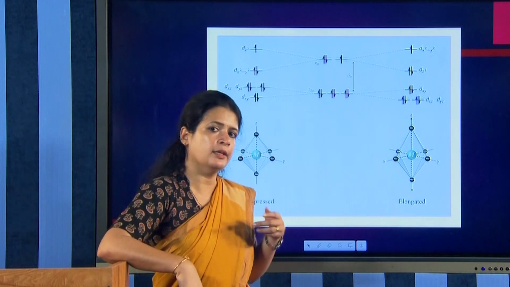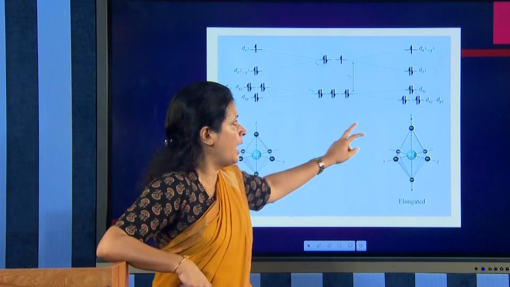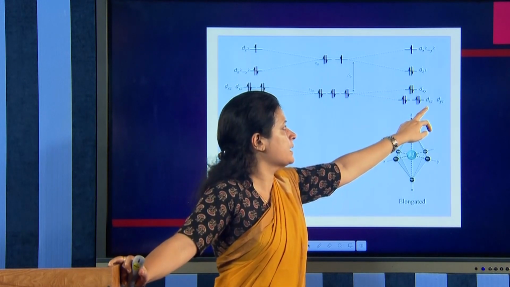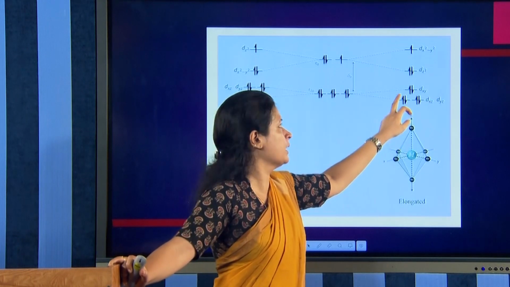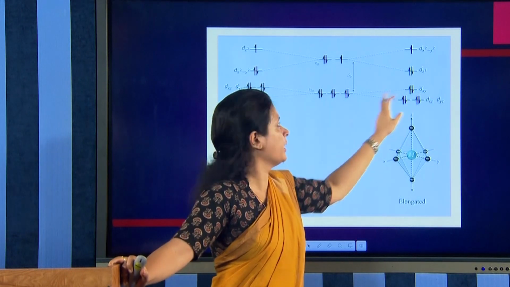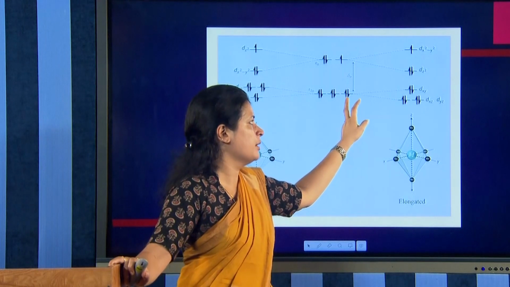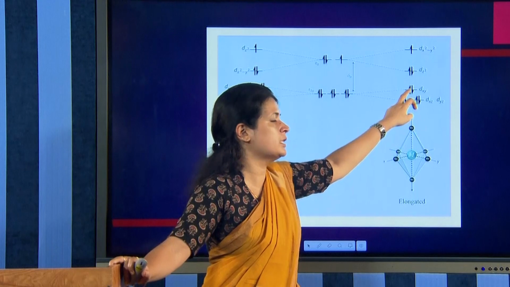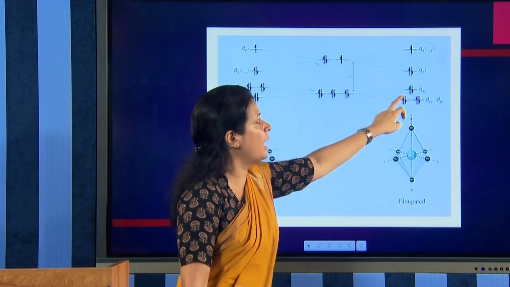That is dxz, dyz and dz square. So, we have the Jahn-Teller distortion like this: dxz, dyz will have a lower energy, followed by dxy. Here it was degenerate, but in the case of tetragonal elongation, these two have a lower energy and this dxy has a higher energy.